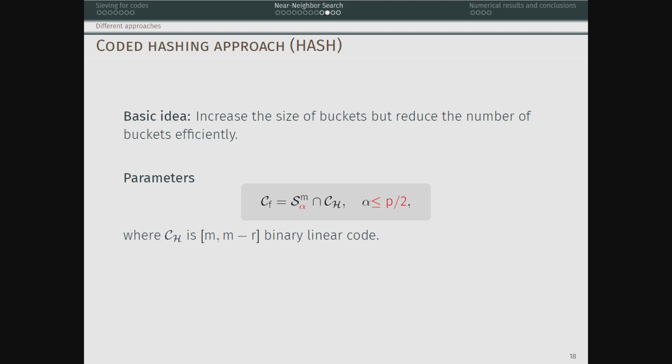At the same time, we also require that these centers belong to the code CH, which is another binary linear code completely independent of the original instance of the problem. It's just a technique for solving it. In that case, we obtain an efficient subroutine for finding valid centers, because by choosing R properly, we can perform this quite efficiently.